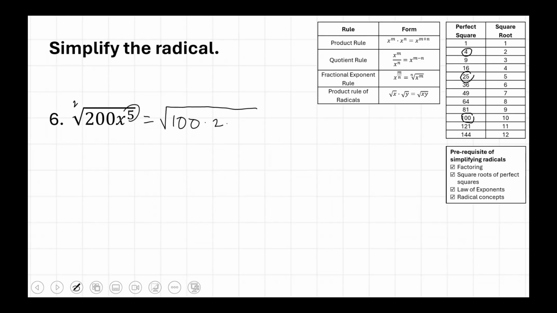times, since 5 cannot be divided into 2, we need to break the 5 into two parts. X raised to 4, since 4 is divisible by 2 and is closest to 5, times x raised to 1, which we're going to multiply, it will go back to x raised to 5.